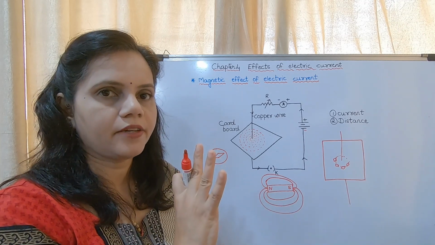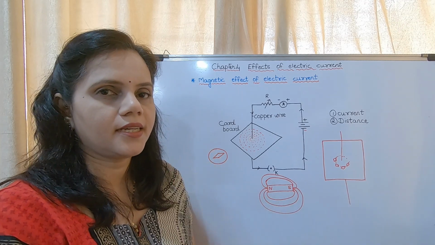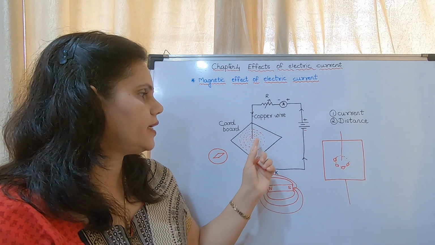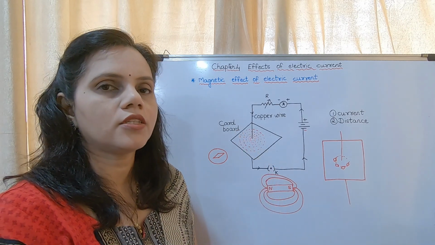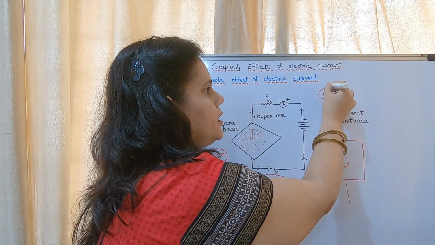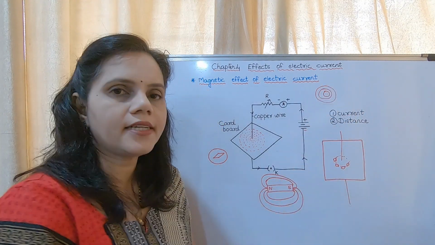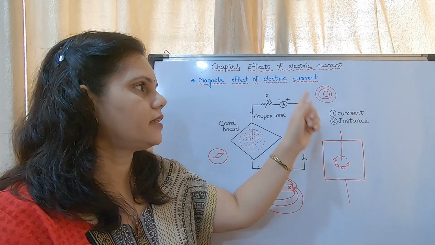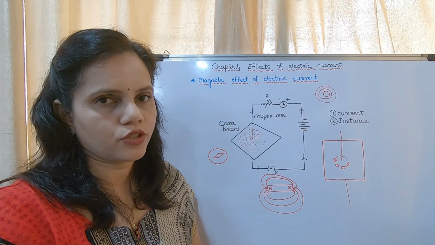You don't have to tap it forcefully, but slightly, then it will get arranged in the form of concentric circles like this. Now these are the magnetic lines of force.